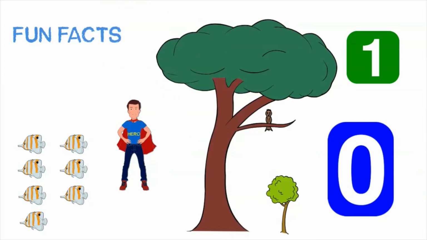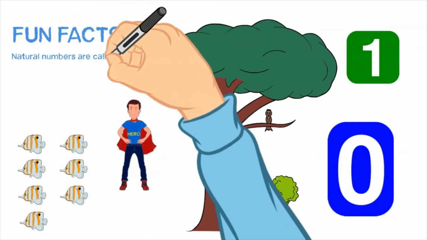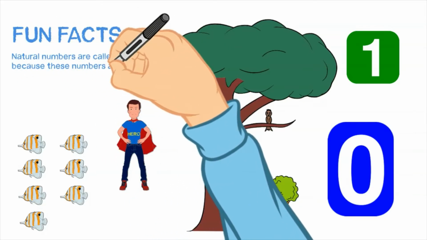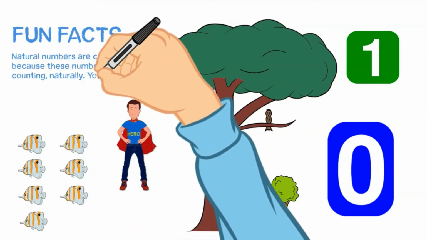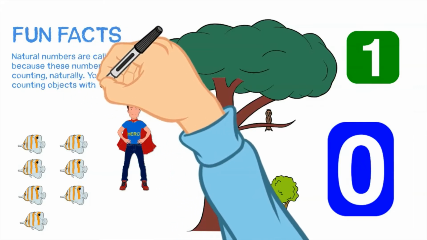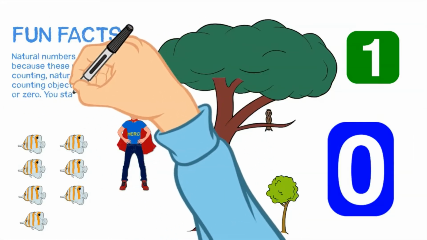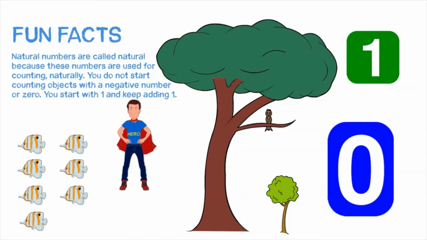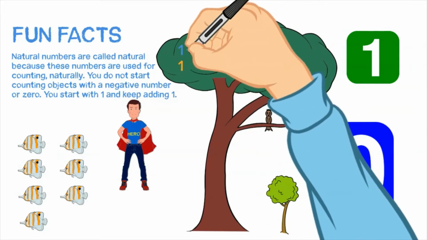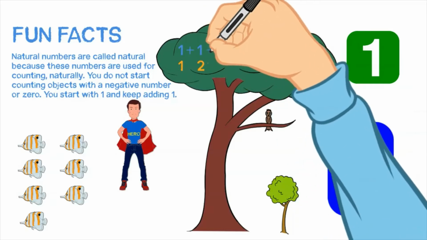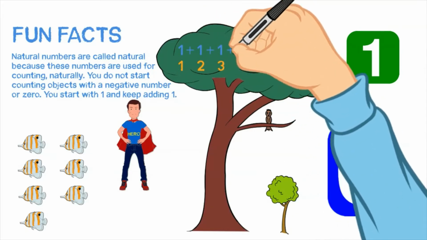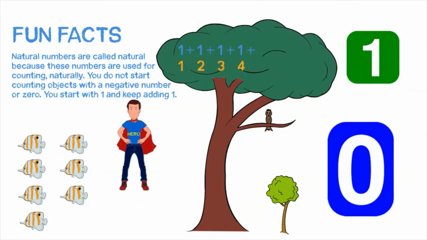Fun facts. Natural numbers are called natural because these numbers are used for counting, naturally. You don't start counting objects with a negative number or 0. You start with 1, and keep adding 1. So you start with 1. 1 plus 1 gives you 2. Plus 1 gives you 3. Plus 1 gives you 4.